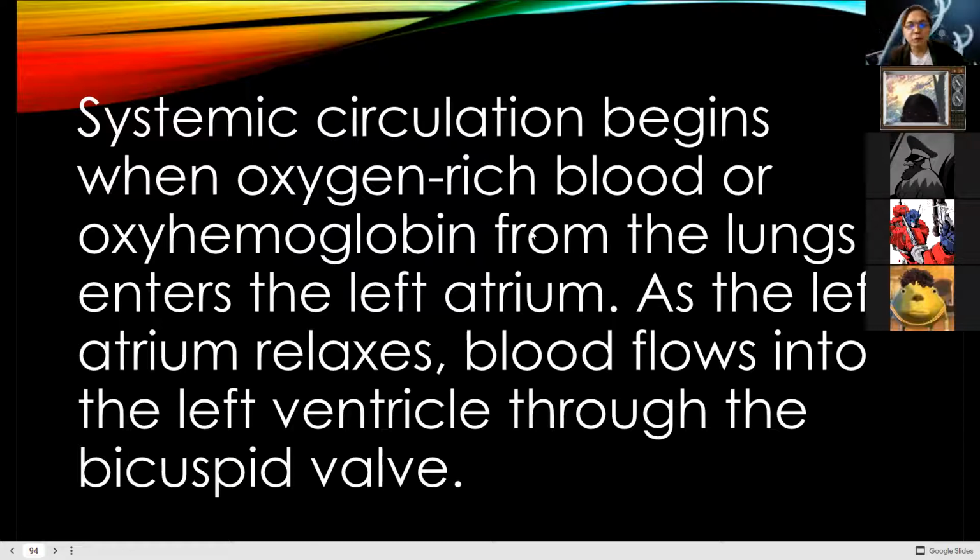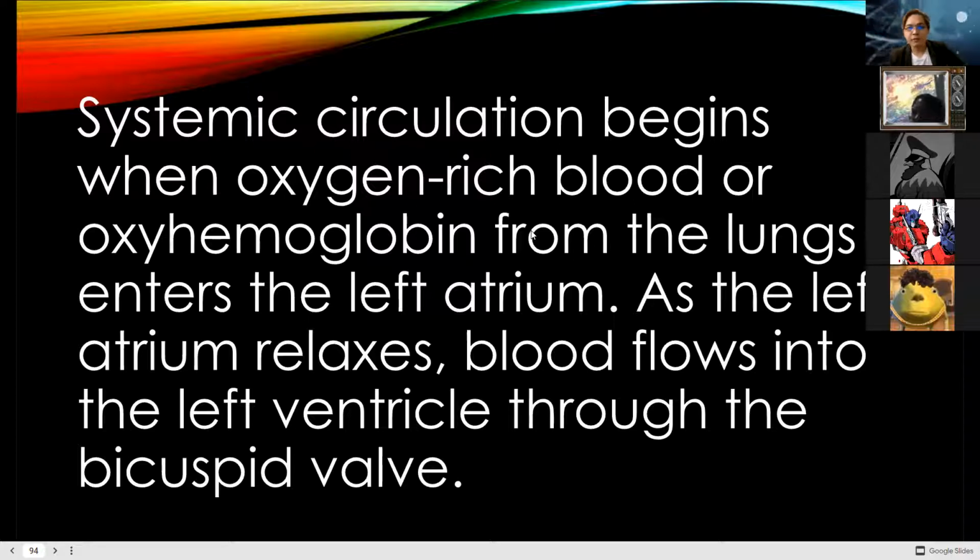What is the passageway of blood going to the left atrium? Everybody? Through the pulmonary veins. It will pass through the pulmonary veins going to the left atrium because the blood there is oxygenated, or oxygen-rich.